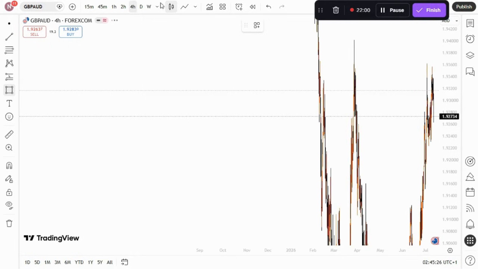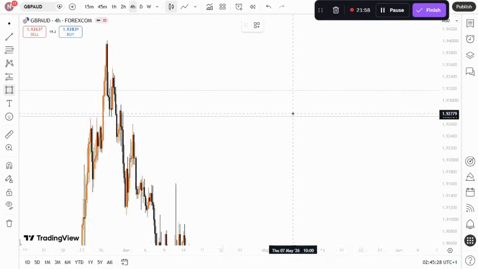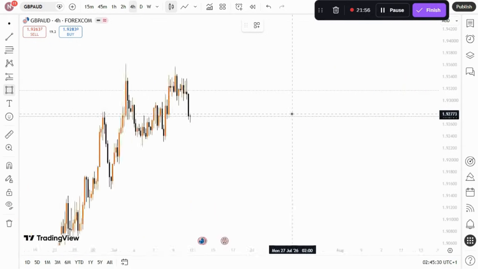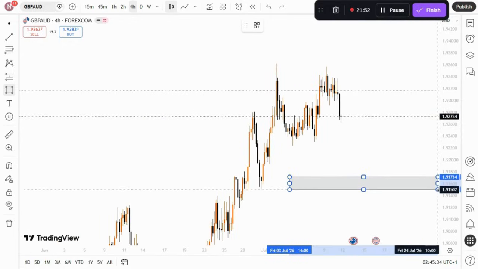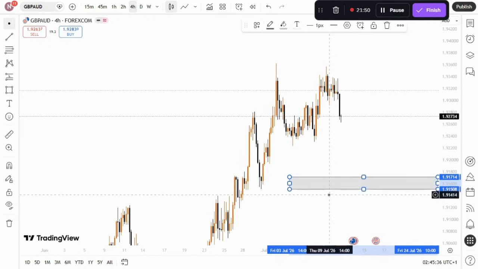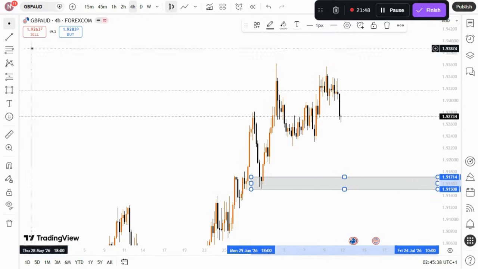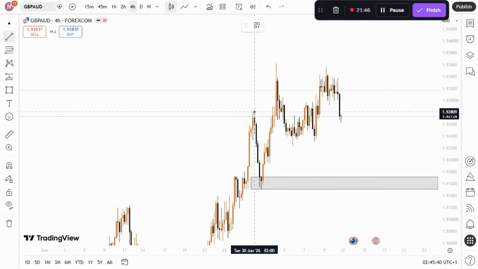And on 4 hours, what am I seeing? Here is the last supply for buy. And as you can see, it broke out of here, the last high, on the 4 hour time frame, as it's making a trend.